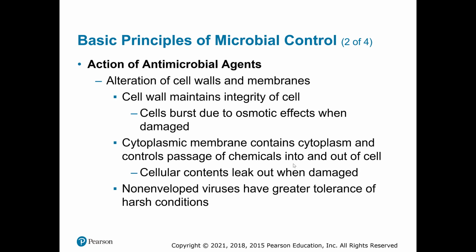One is these methods will target cell walls of bacteria. So if you affect the integrity of that cell wall, either you weaken the cell wall, you poke holes in the cell wall or something, that cell is going to burst and therefore the cell is going to die. So targeting the cell wall is a great way to kill or inhibit the growth of bacteria.